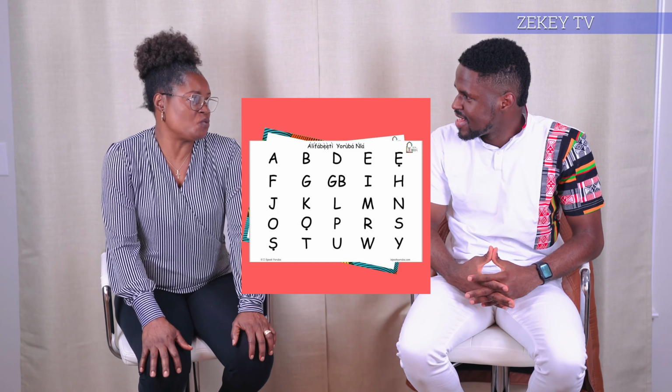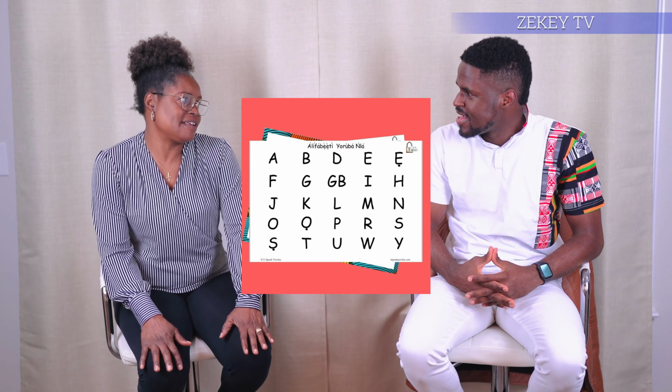We have A, B, D, E, F, G, K, L, M, N, O, P, R, S, T, U, V. That U is the same as U. Then W is we.